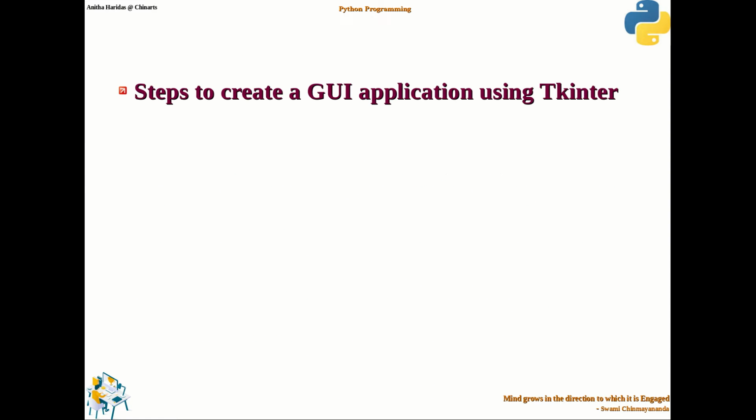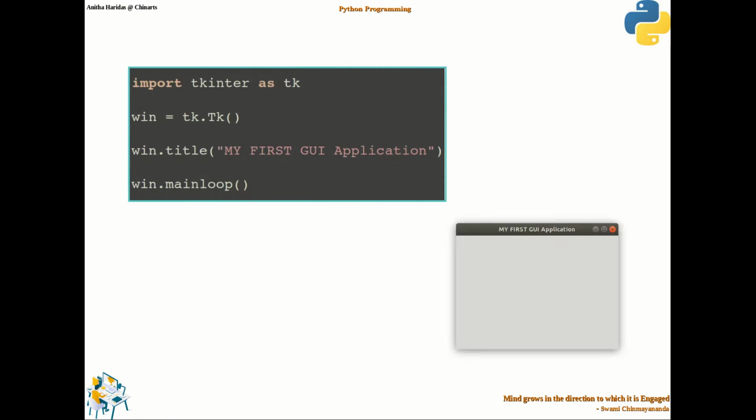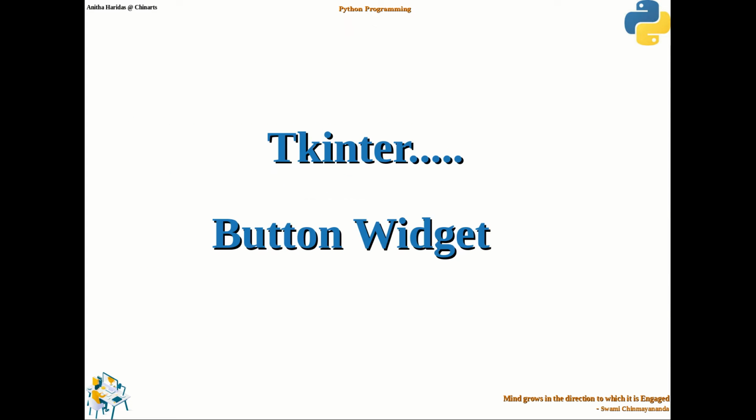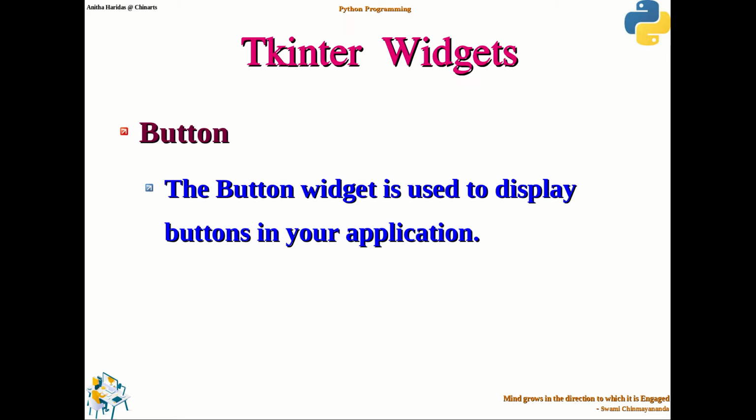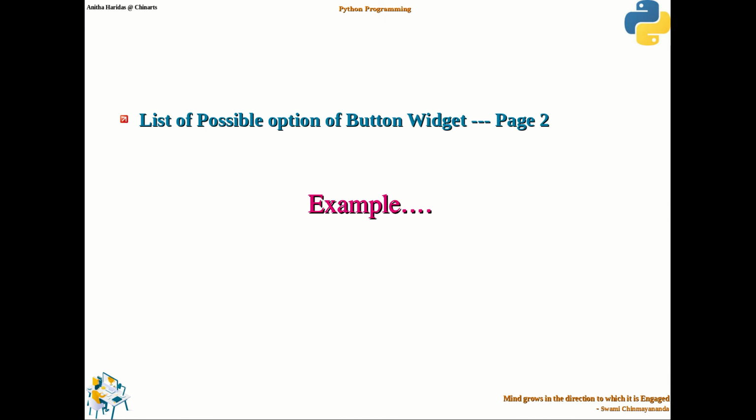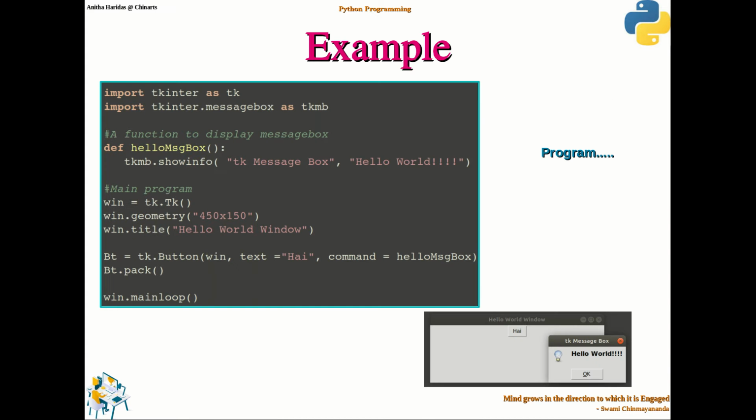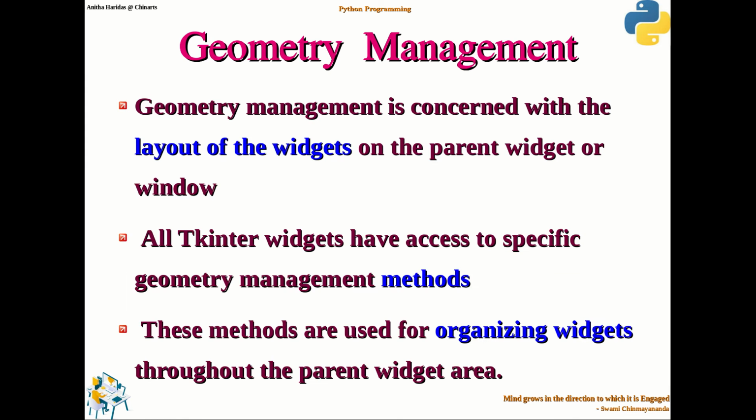We had created a simple window, then we had also seen the first widget, which is a very popular widget used in almost all the windows, the button widget. We had seen an example of how the button widget can be made use of.